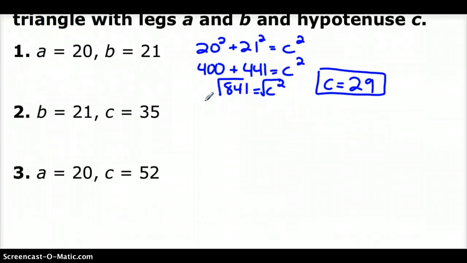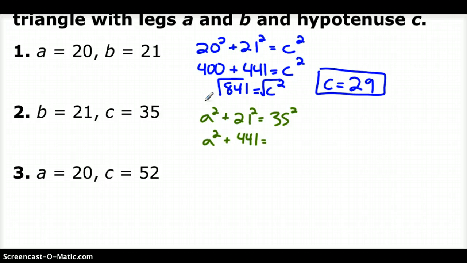Let's check out a couple other examples here. In this one, they give us one of the legs and the hypotenuse. So in this case, I'm going to write A squared plus 21 squared equals 35 squared. I did 21 squared in the last one, so I know that this is 441, and 35 squared, my calculator tells me, is 1,225.